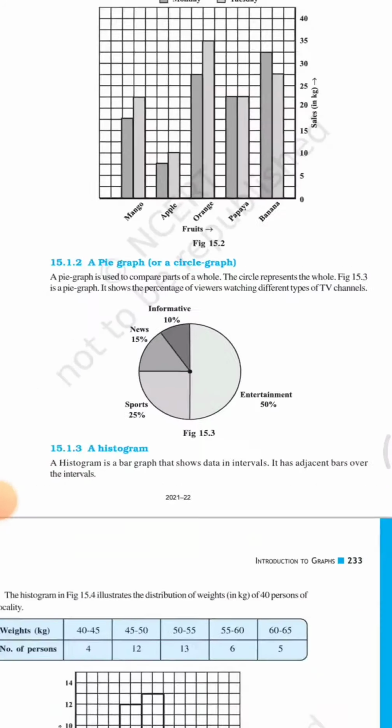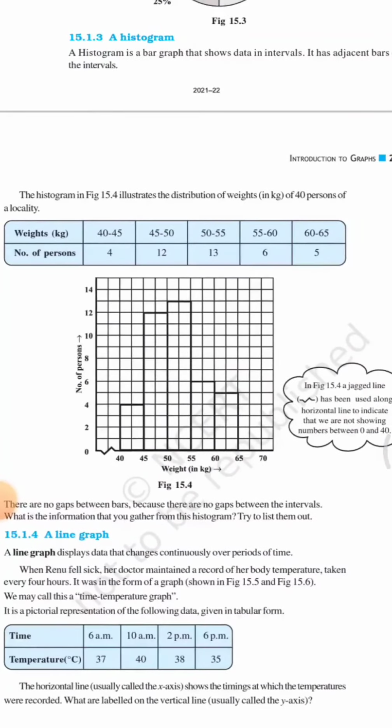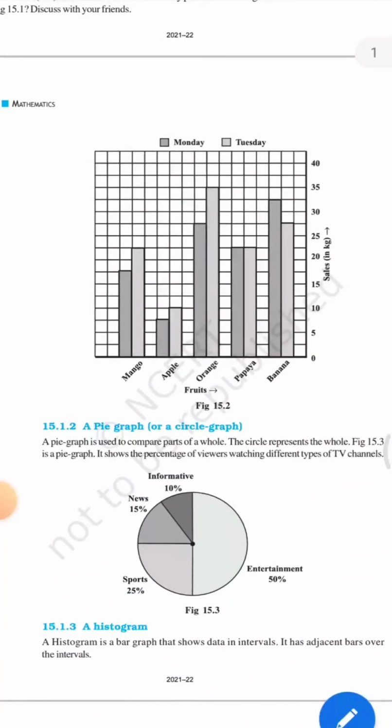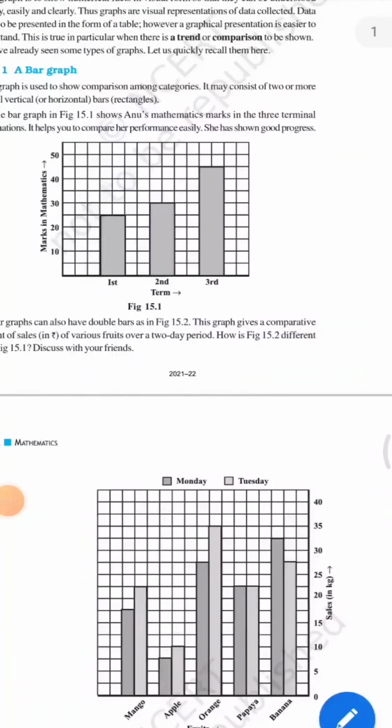Okay, next we have our topic, a histogram. So what is a histogram? We have to check. The only difference is that in a histogram there is no gap between the bars, because in a bar graph you have seen some difference between the bars, in the double bar graph and again in the single bar graph.